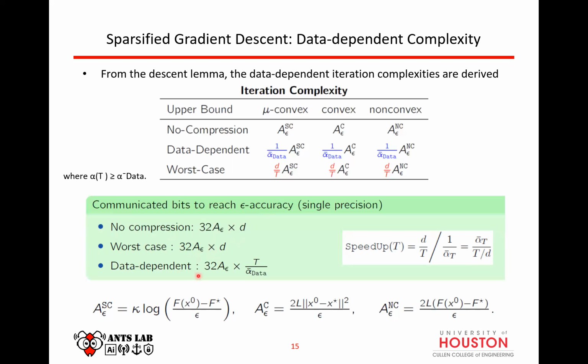But for the data dependent scenario, you would see that this is directly dependent on the sparsity budget over your alpha value that you set. So the number of bits that you're communicating per iteration is reduced depending on the budget and the communication parameter that you choose. So this is the main thing.